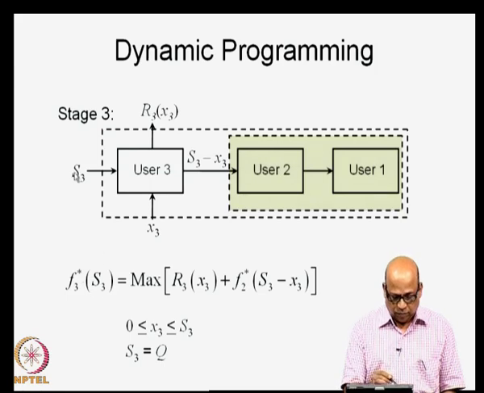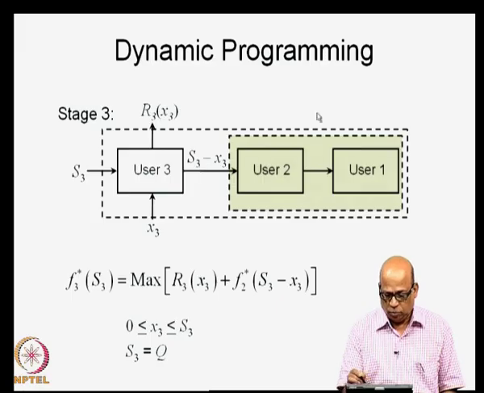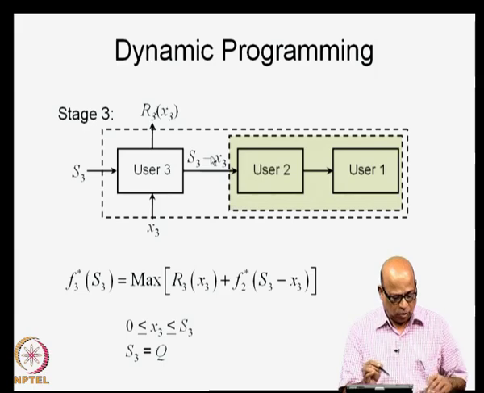F3 star for a given value of S3 is equal to maximize R3 of X3. You are allocating an amount X3 to user number 3, as a result of which you get a return of R3 of X3, plus, because you allocated X3 from an available S3, you are left with S3 minus X3 to be allocated to user number 1 and user number 2 together, and this problem you have solved in the previous stage.